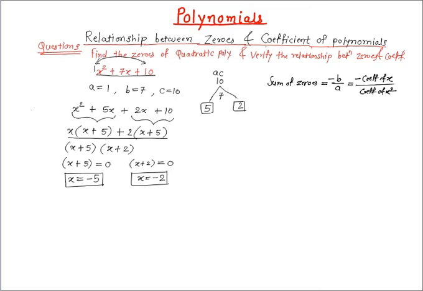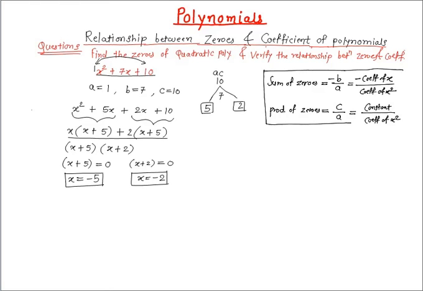And also we learned that product of zeros is equal to c by a. That is, constant divided by the coefficient of x squared. Now, to verify the relationship between zeros and coefficients, we need to verify whether these conditions hold good for our polynomial.